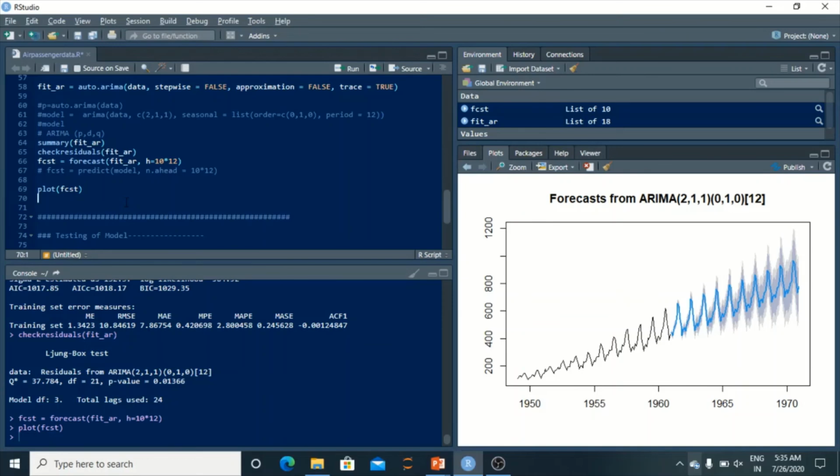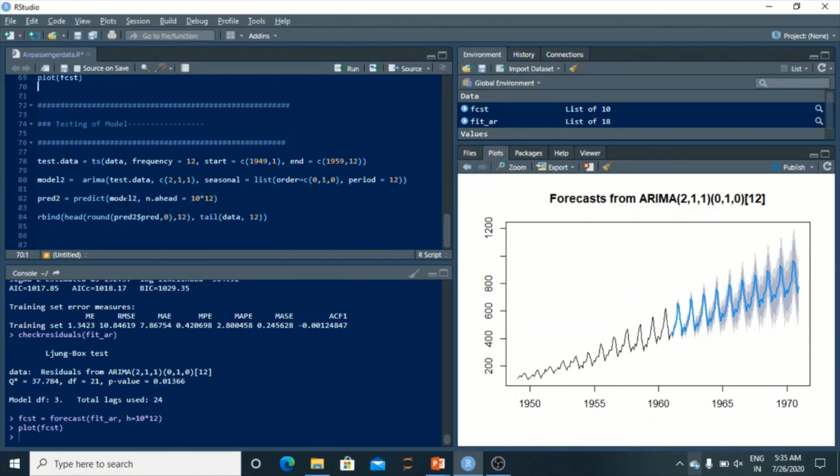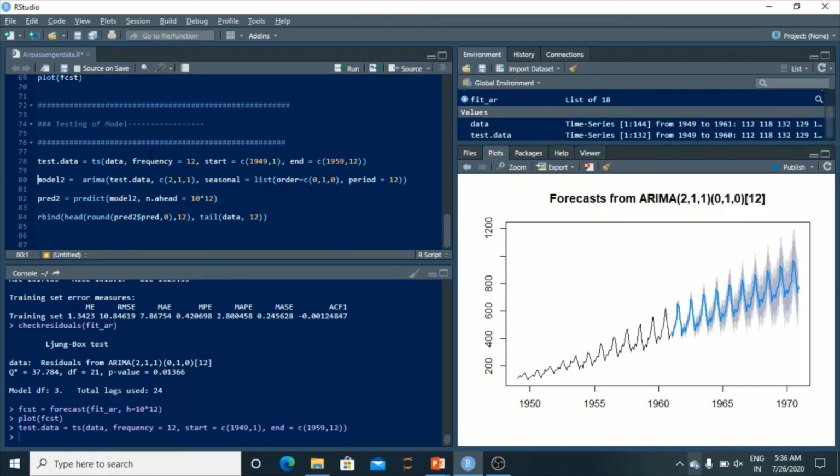So is that again well fitted? No. Before saying that it is well fitted, we are going to test whether our model is well fitted or not. So, the testing of the model. In testing, what I did: I have a data set from 1949 to 1960, so I excluded the year 1960 and created new test data, from only 1949 to 1959.